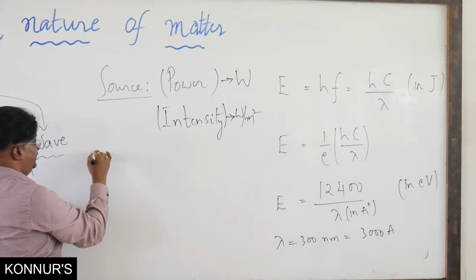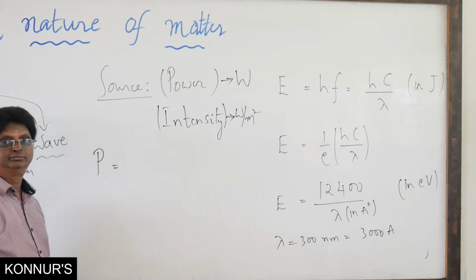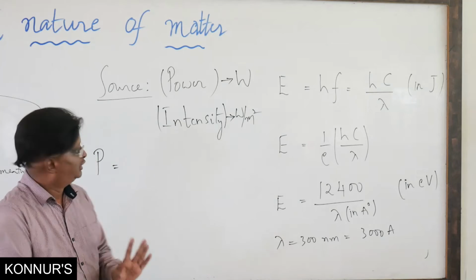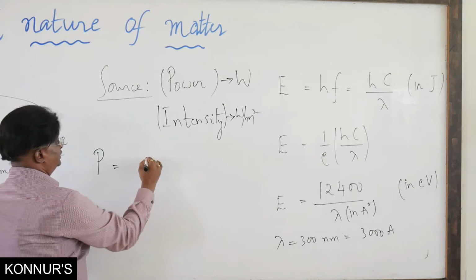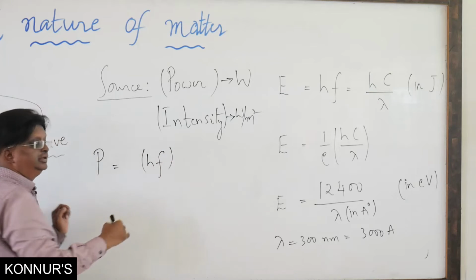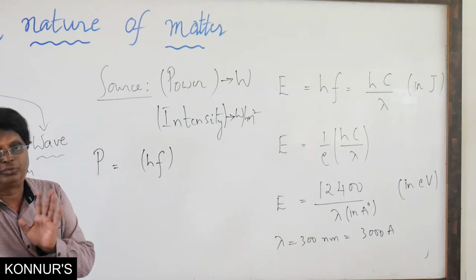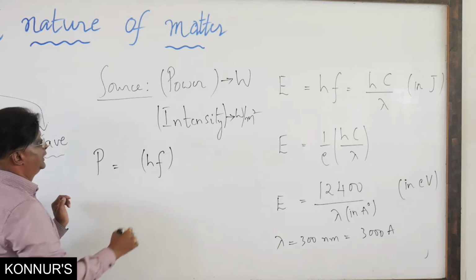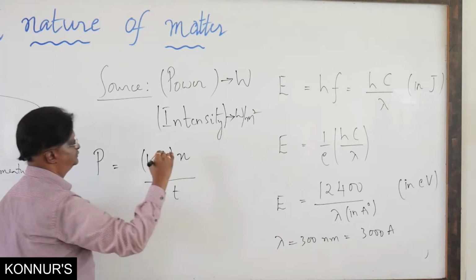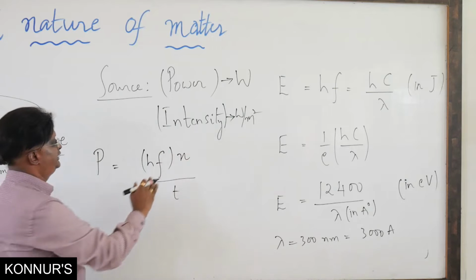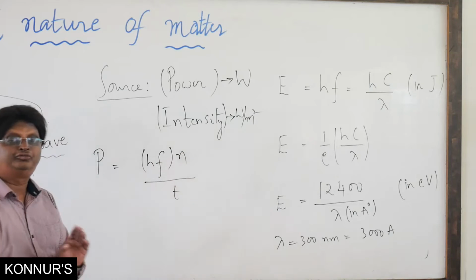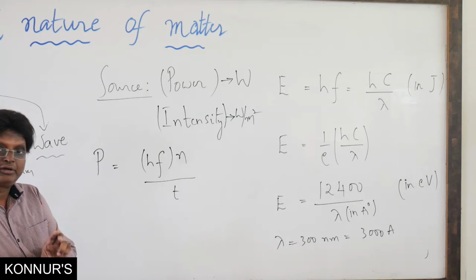Now P, the power of the source. Supposing it produces n photons per unit time, with hf the energy of each photon, and take it as n by t, the number of photons in a given time interval.